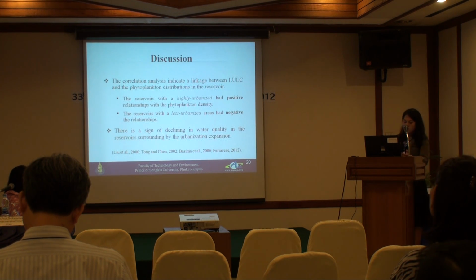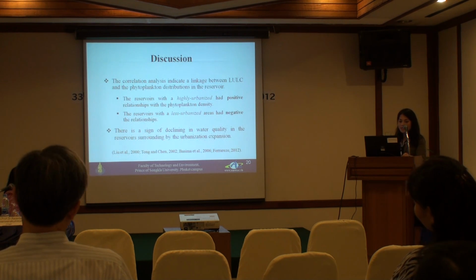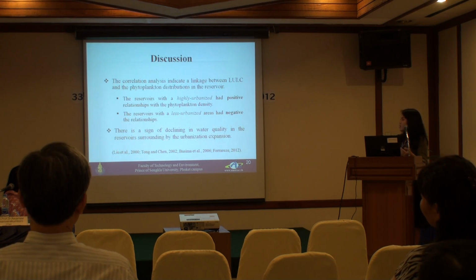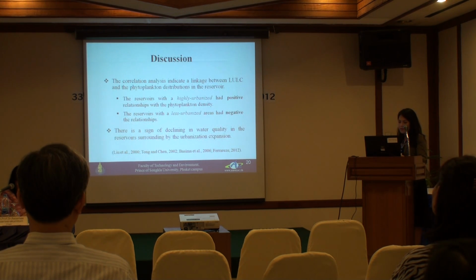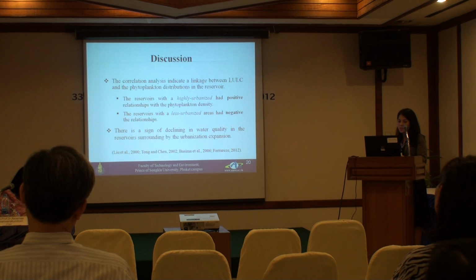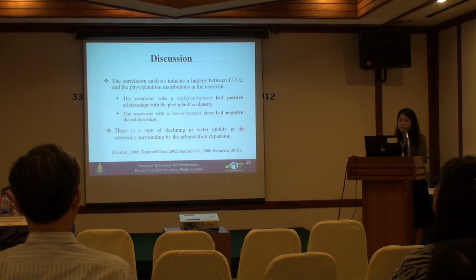Okay, we continue with the discussion. The correlation analysis indicates a linkage between land use, land cover, and the phytoplankton distribution in the reservoir. The reservoirs with highly urbanized areas have a positive relation with phytoplankton density.